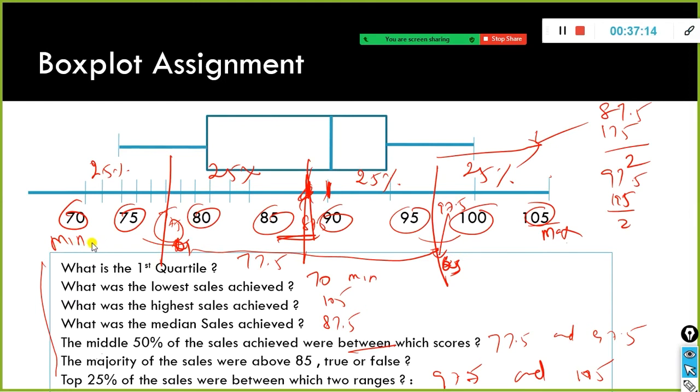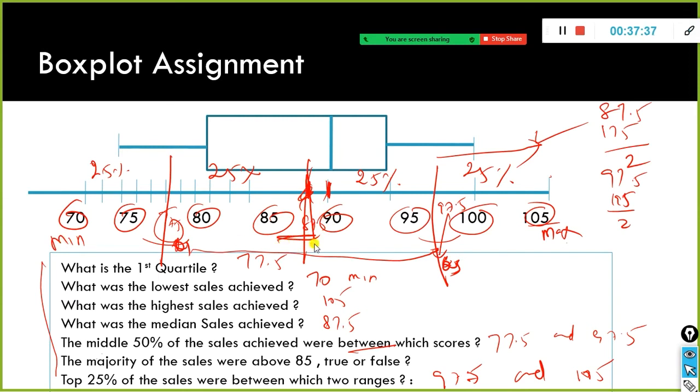So you can locate in which quartile the values are. 50% of the sales values are 87.5 or less than 87.5.